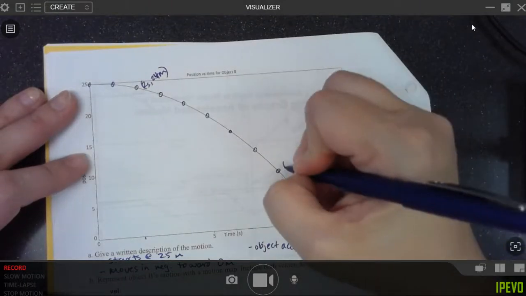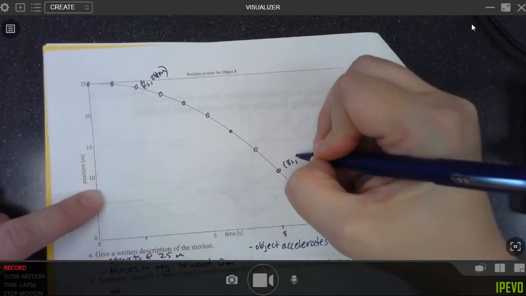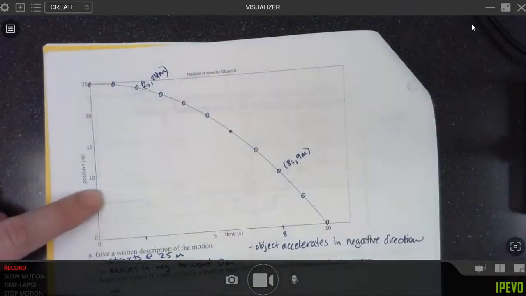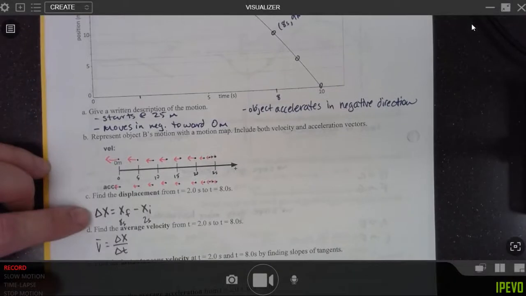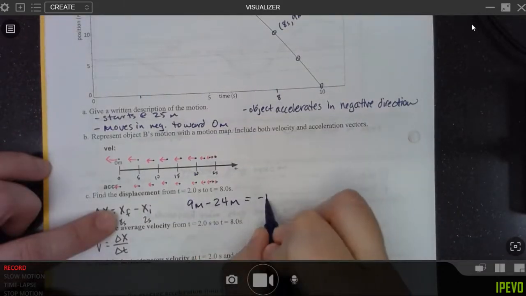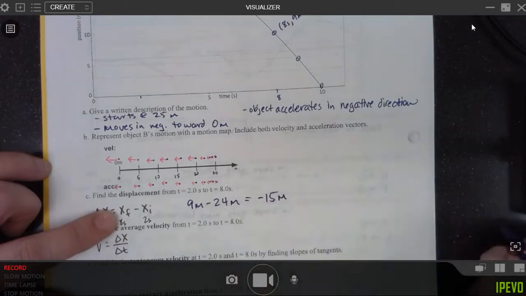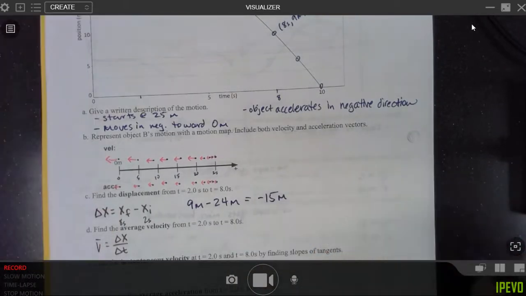This one down here is 8 seconds and 9 meters. Do you guys get those? So our final position is going to be 9 meters, and we're going to subtract from that 24 meters, and that's going to give us minus 15 meters of displacement. So it's telling us we went 15 meters in the negative direction.